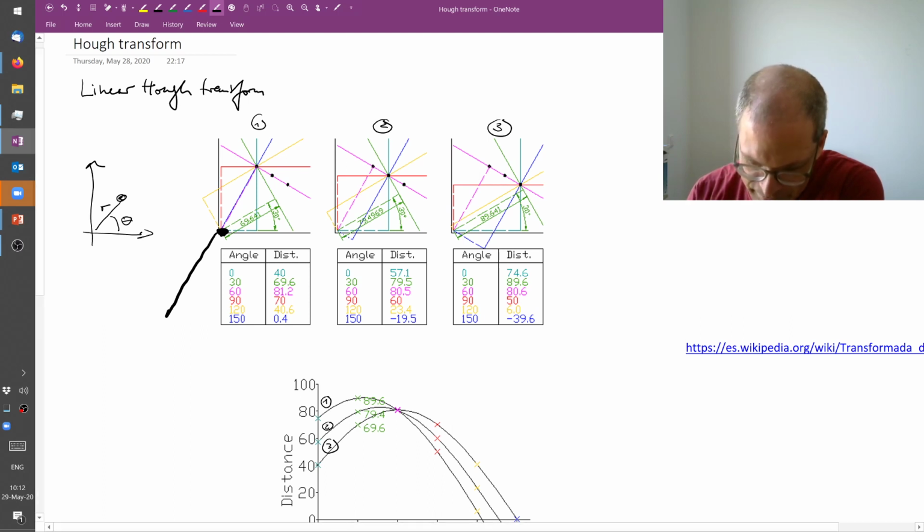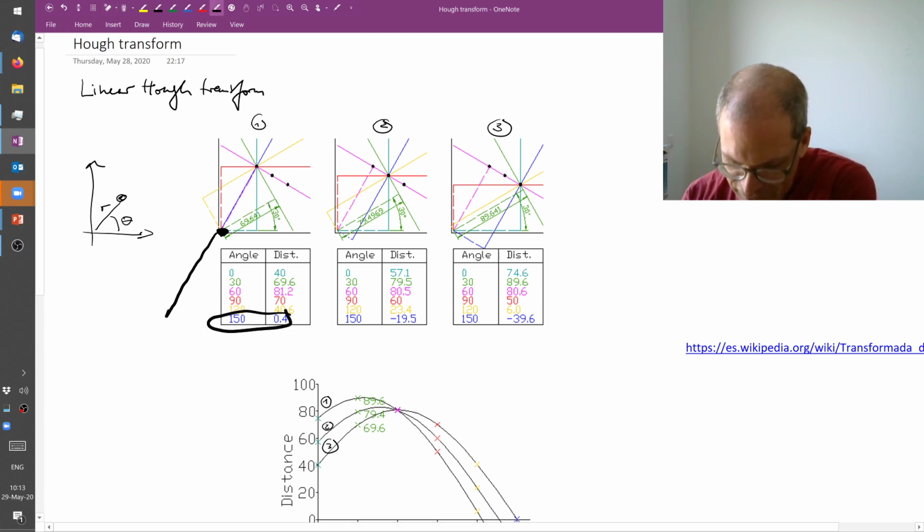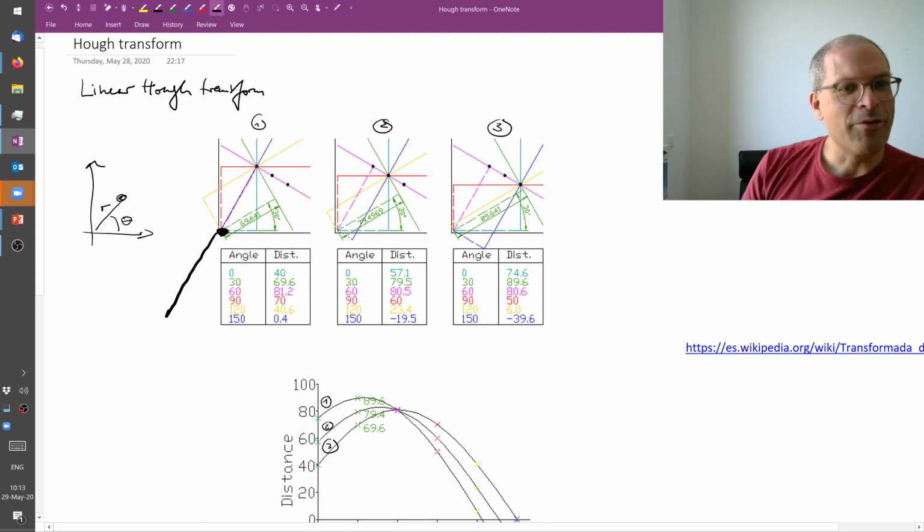Can somebody help me here? Because I was thinking this would be either something like 70 degrees, or 70 plus 180, something like 250 degrees. I don't know why down here it says 150. Anyone has a solution?